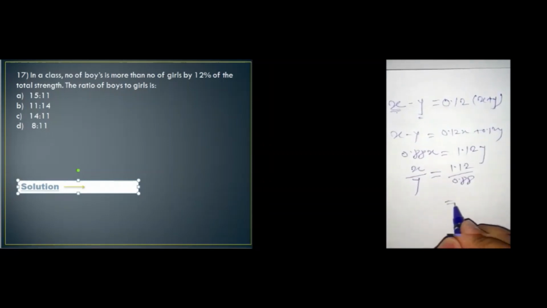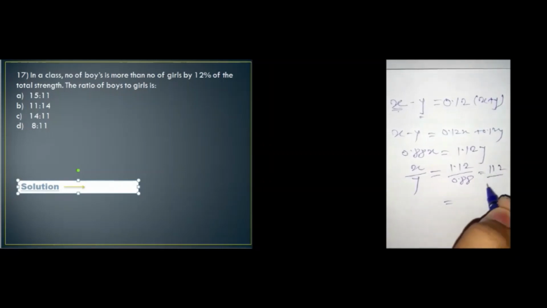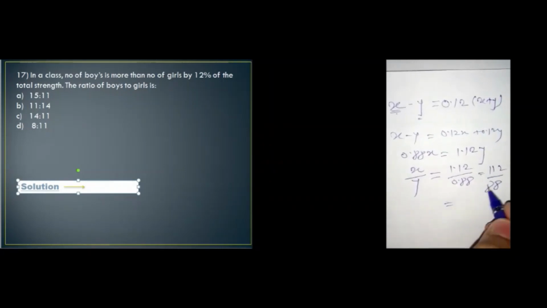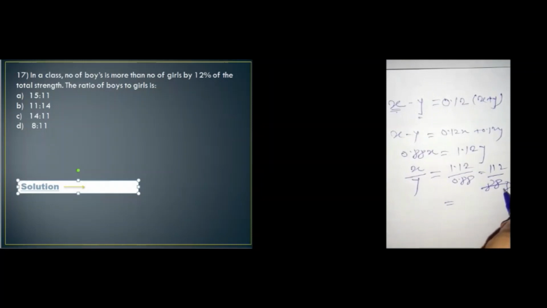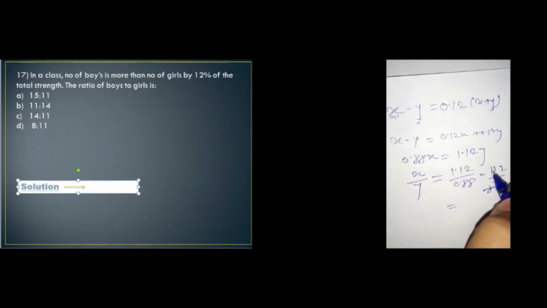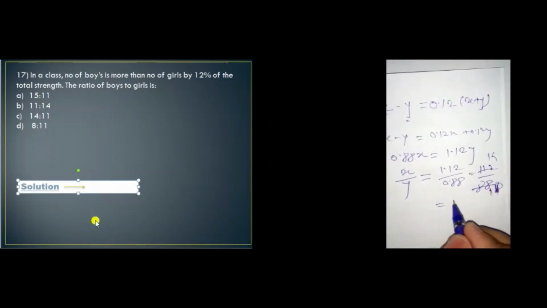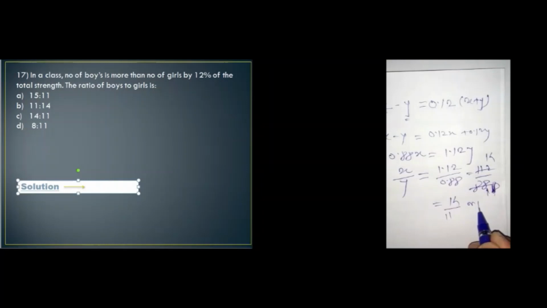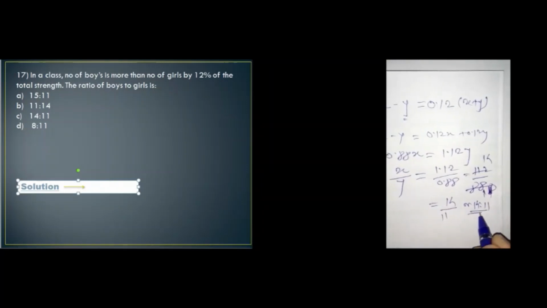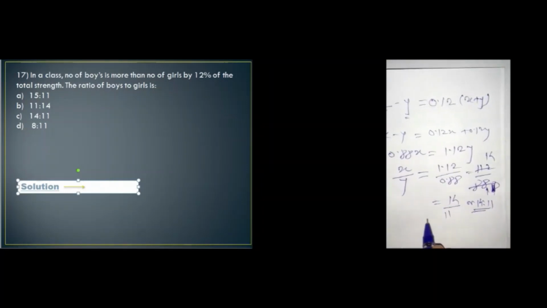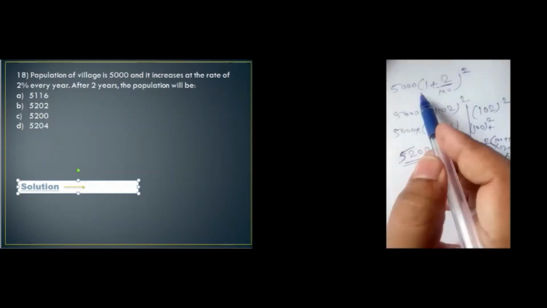When we simplify this, it can be written as 112 by 88. If we divide by 8, it will be 14 by 11. So the ratio will be 14 by 11. So this is going to be the answer. So option C is the correct option.